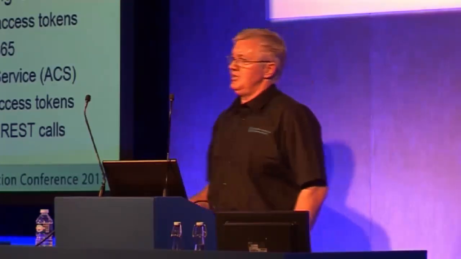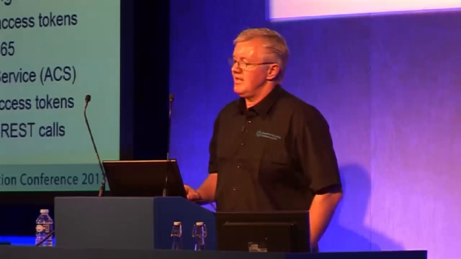Okay, but the key point here is that there's OAuth 1 and OAuth 2, and everything that SharePoint is doing is with the OAuth 2.0 specification. So the OAuth specification gives us details on how to create access tokens. Now, it's used for external authentication with Office 365, and it has a dependency on this thing that Microsoft has in the cloud, which is the Windows Azure Access Control Service, or ACS.